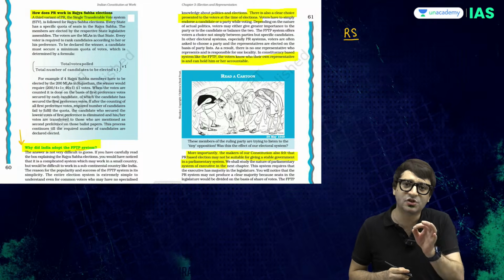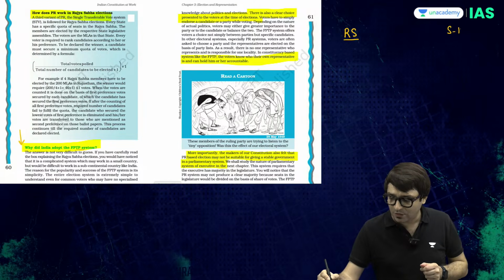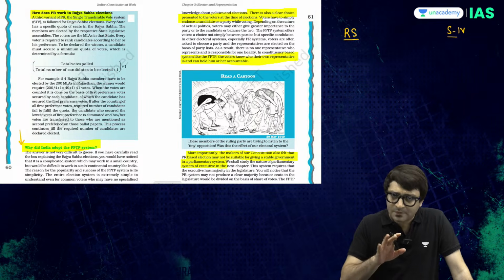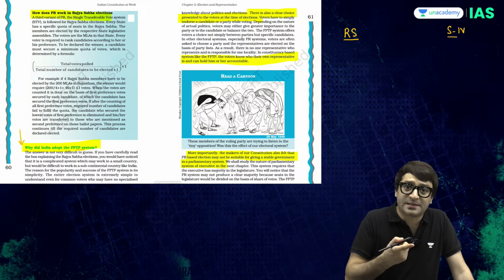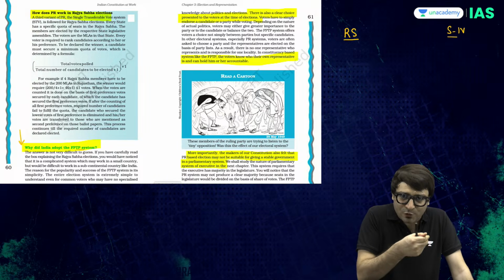This is something which is mentioned in the Constitution. Where? Schedule 4 of the Constitution. Clear? Now, how are these MPs to Rajya Sabha elected? Proportional representation system. And then there is another variant of proportional representation system.